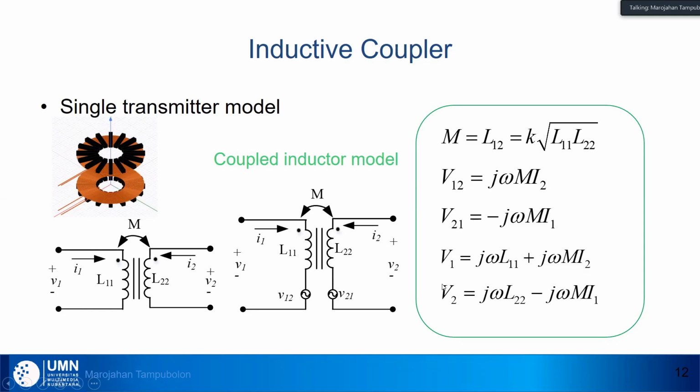In this picture, the voltage that we have on the receiving side is P2, and on the transmitter side is P1. Yeah, these are the equations for those voltages. Okay, of course, this is a basic one. If we want to make it more complicated, we need to consider other things as well.